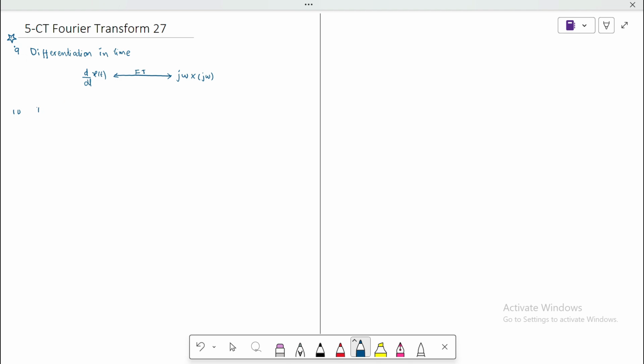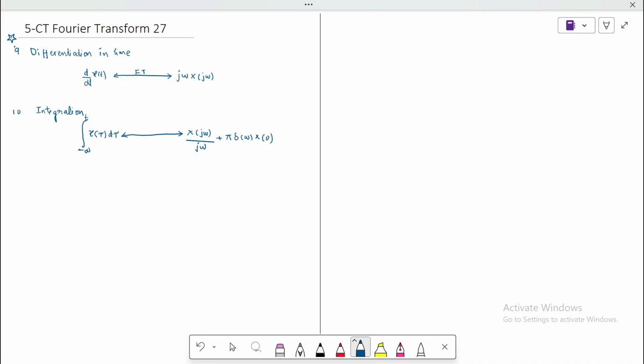The 10th one is the integration property. Integration from minus infinity to t of x of tau d tau equals X of j omega divided by j omega, plus pi into delta of omega into X of 0.